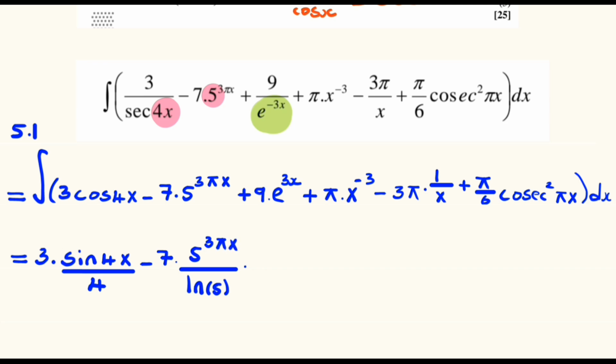And if we were differentiating, we would multiply this by the derivative of the 3 pi x, which is 3 pi. But we are integrating, so we are going to divide by the 3 pi, the derivative of the 3 pi x, plus 9 multiplied by the integral of e raised to the power 3x, which is e raised to the power 3x.